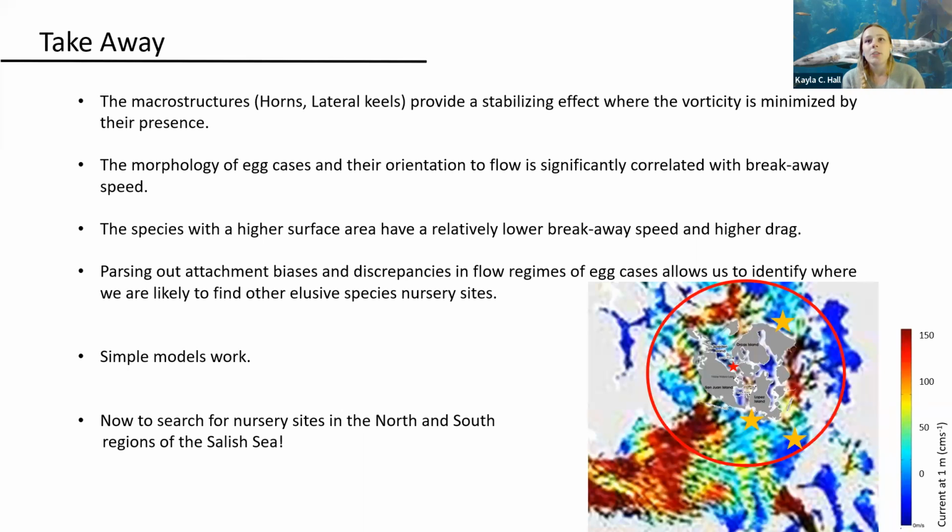And from our modeling, we can tell that the Salish Sea species binoculata cannot handle as high of currents compared to Rhina, which indicates that we're more likely to find them in regions where the islands have a much slower flow. And now we just need to go search for these nursery sites and find some more egg cases.